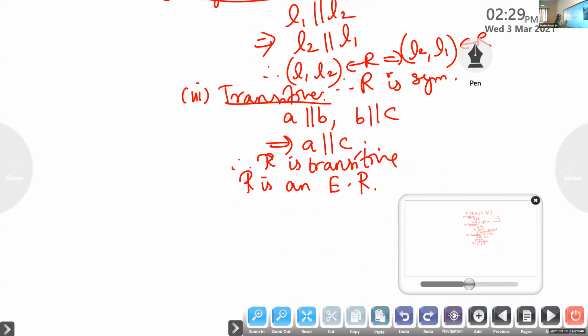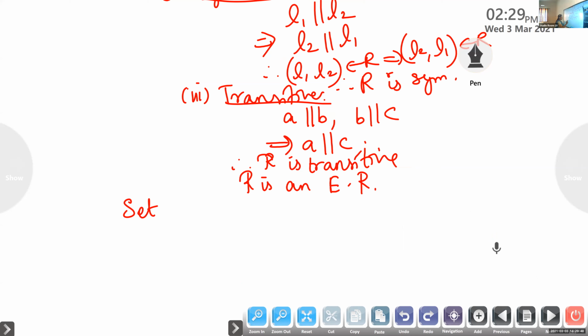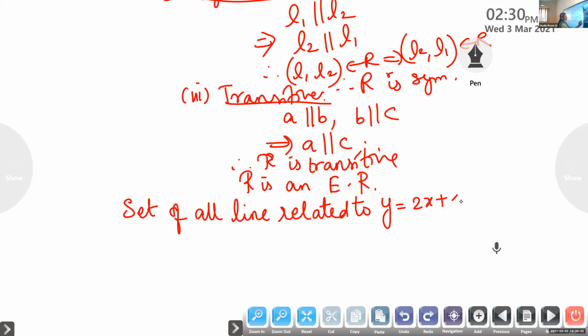You have to find the set of all lines related to y is equal to 2x plus 4. What is the relation given here, Dia? All lines related to y is 2x plus 4. That means what is the relation given here?